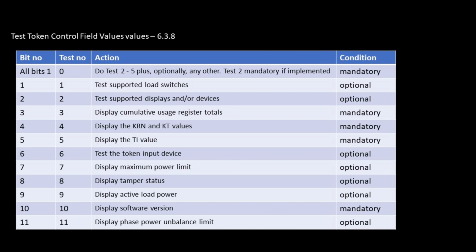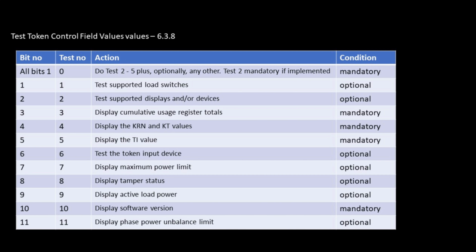You have essentially a number of bits representing a test number. With all bits set to 1, it is test number 0, and test number 0 specifies do tests 2 to 5, plus optionally any other test that you want to include in that suite of tests. Test 2 is mandatory, support the display and/or reader devices if it's implemented.